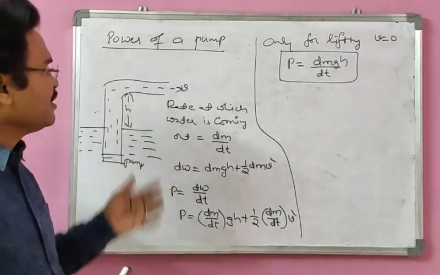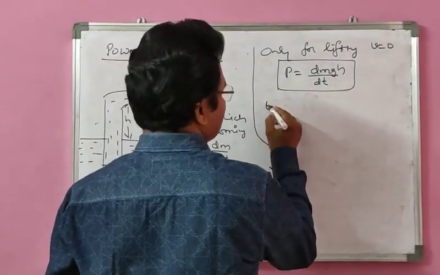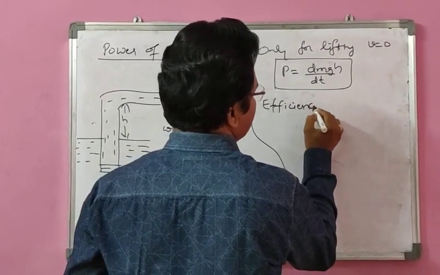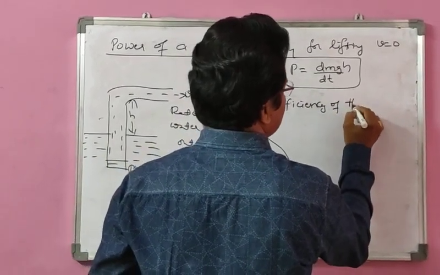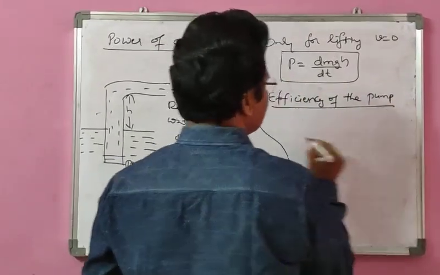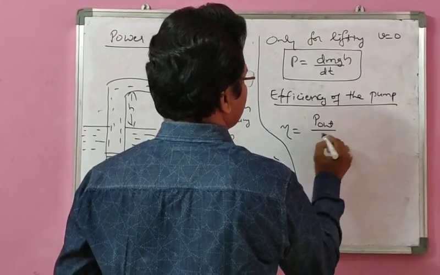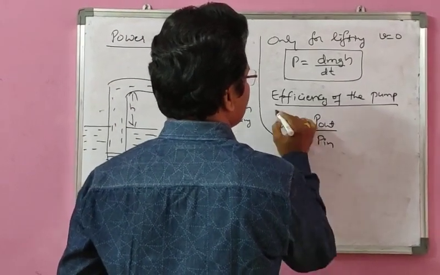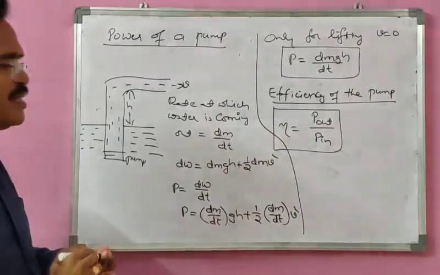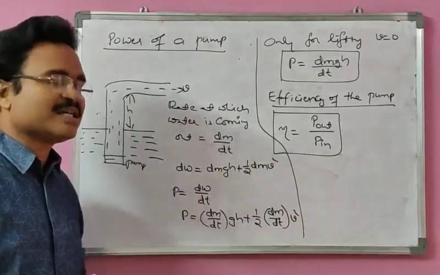This is important, so we define a new physical quantity called the efficiency of the pump, represented by eta equals P out by P in. P out means how much power it has delivered, divided by how much power it has taken.